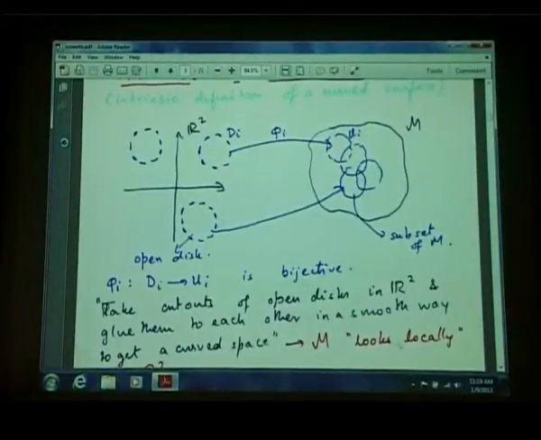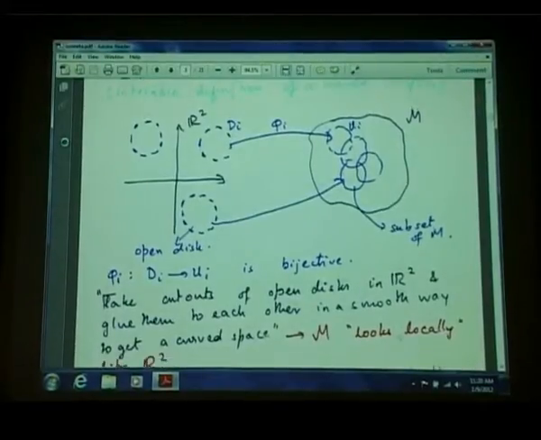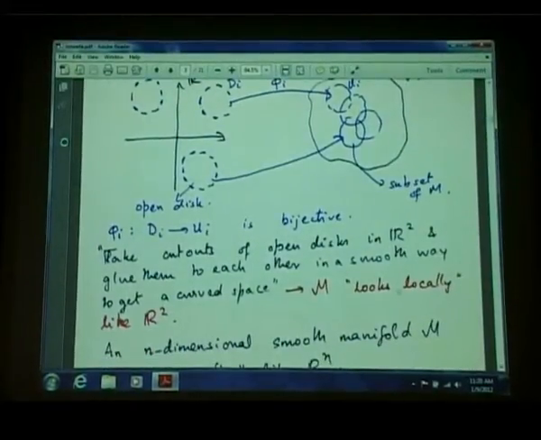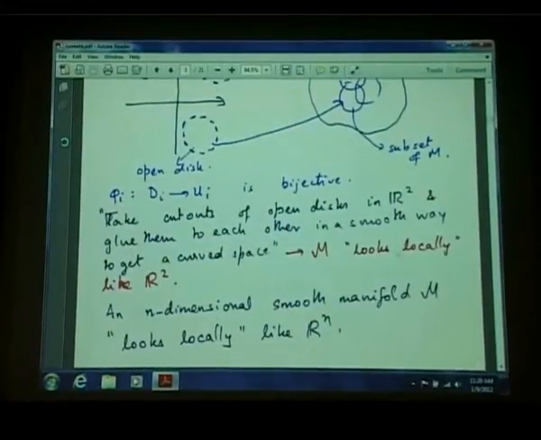These additional conditions ensure that M is a smooth manifold. This is the analog of what I said: take cutouts of the plane and glue them together carefully so that the result is smooth. So M is locally diffeomorphic to the plane. Similarly, an n-dimensional smooth manifold is defined in an analogous way. It looks locally like R^n.